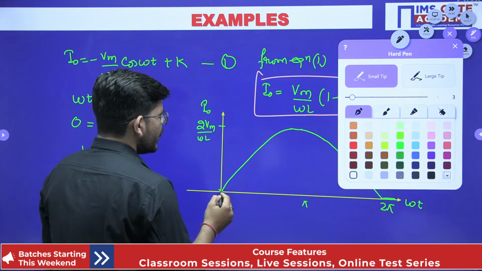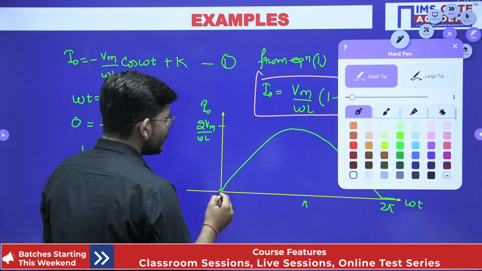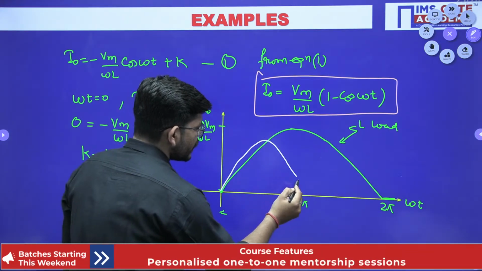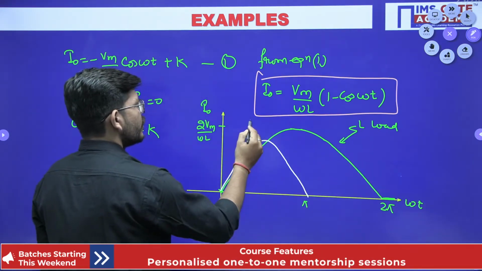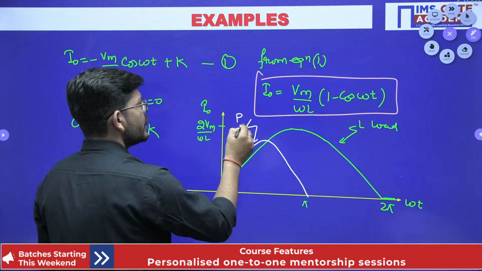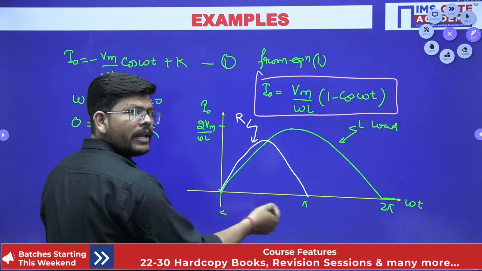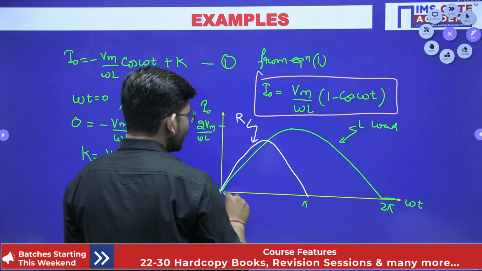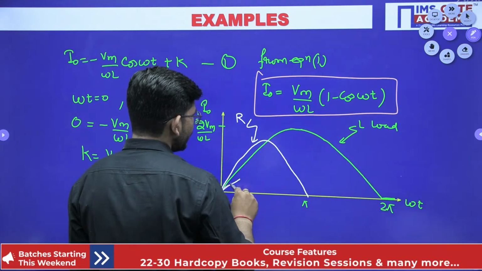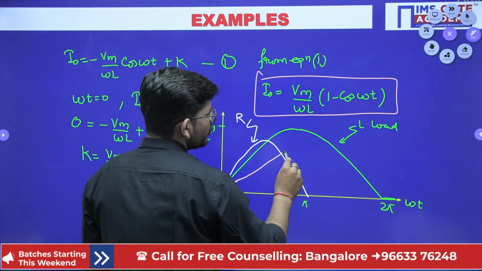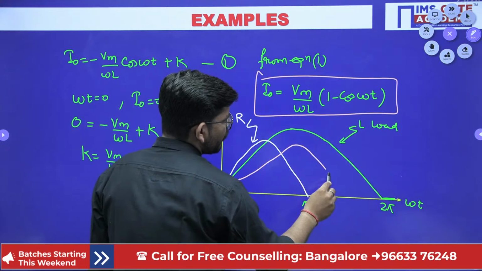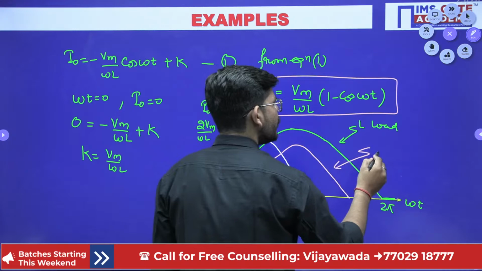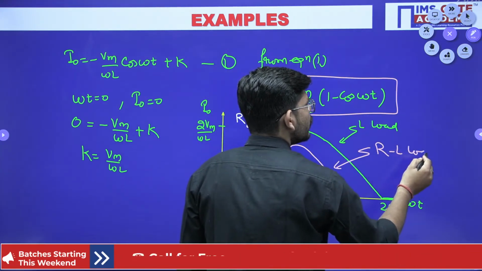So if it is a pure inductive load, the diode or switch will conduct for 2 pi. If this is a pure resistive circuit, the diode would have conducted only for pi. And if it is an RL circuit, then the diode would have conducted in between pi and 2 pi. So this would have been the waveform for an RL load.